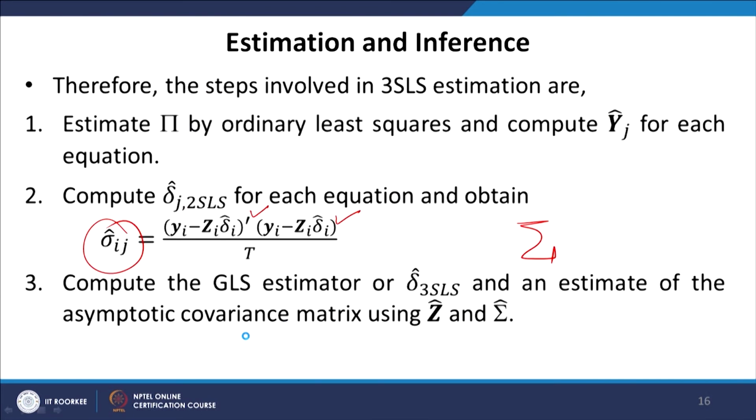So this is ui hat prime uj hat divided by T, giving us the variance of the error term. Then we compute the GLS or delta 3-SLS hat and an estimate of the asymptotic covariance matrix using z hat and sigma hat. So that is broadly about simultaneous equation systems.